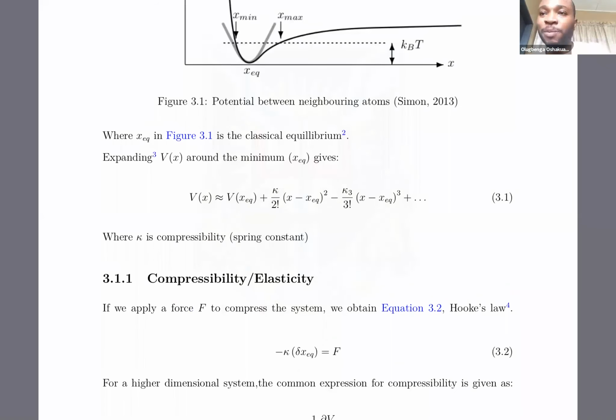When we try to expand this equation, I will try to expand the equation of this faded or gray line. We can claim this to be the equation. Sorry, this is a polynomial fit, not quadratic in sense, but a polynomial fit to mimic the base or the surrounding part of this X equilibrium.